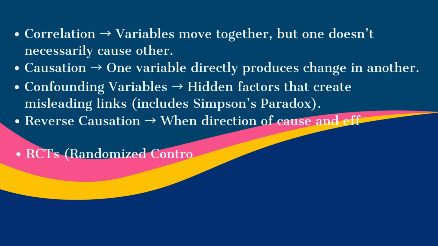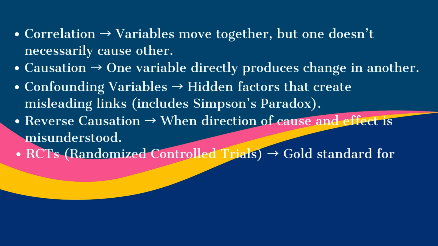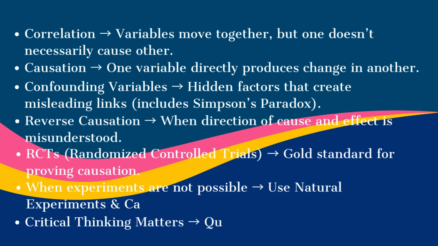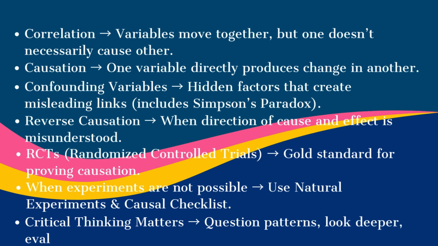Randomized controlled trials are the gold standard for establishing causation. When RCTs are not possible, we look for natural experiments and causal checklists to build a strong case. Your ability to discern between them is not just an academic exercise, it is a vital skill for navigating complex information and making informed choices in every aspect of your life.